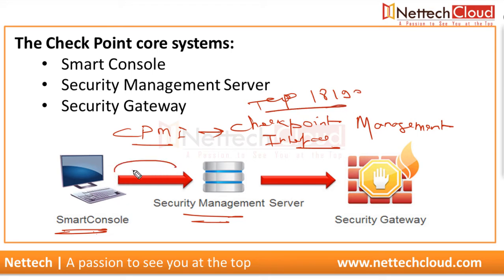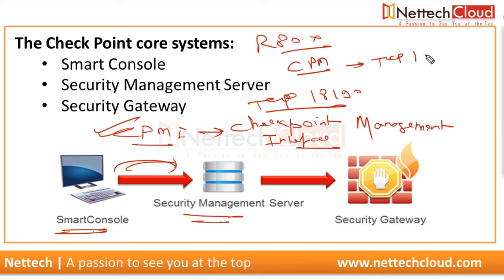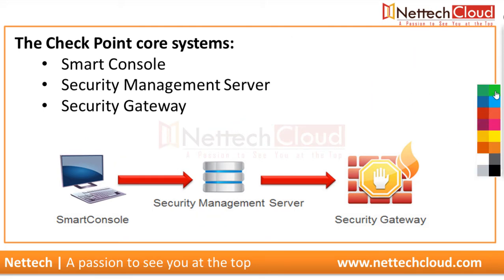So when a smart console connects to the management server, one of the ports is TCP 18190, and there is another port in R80.x, a new port, CPM, that is Check Point Management server, TCP port 19009, right? So let me write it down properly here.